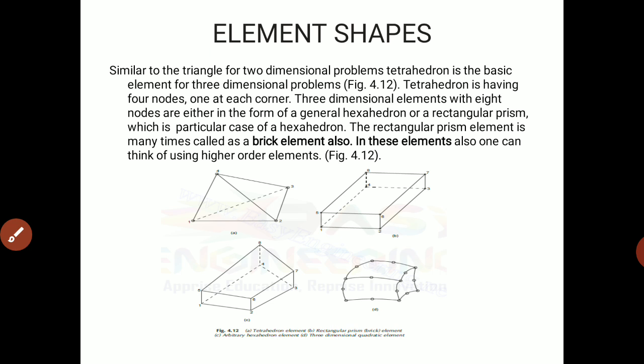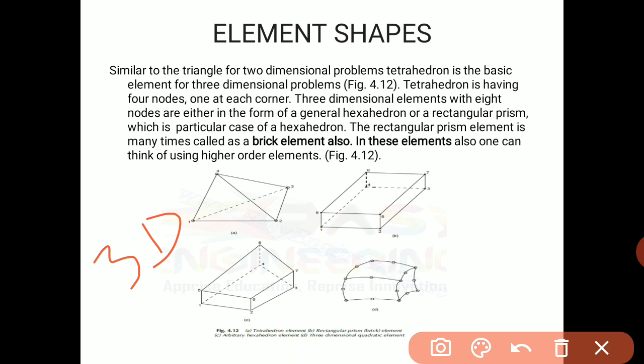So these are the element shapes. These are three-dimensional shapes. Whatever dotted part you are seeing is in the third direction. Hexahedron and rectangular prism are examples of these three-dimensional elements.